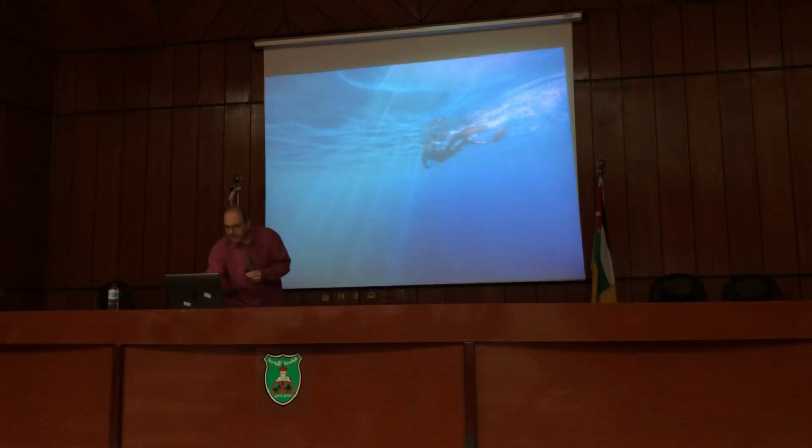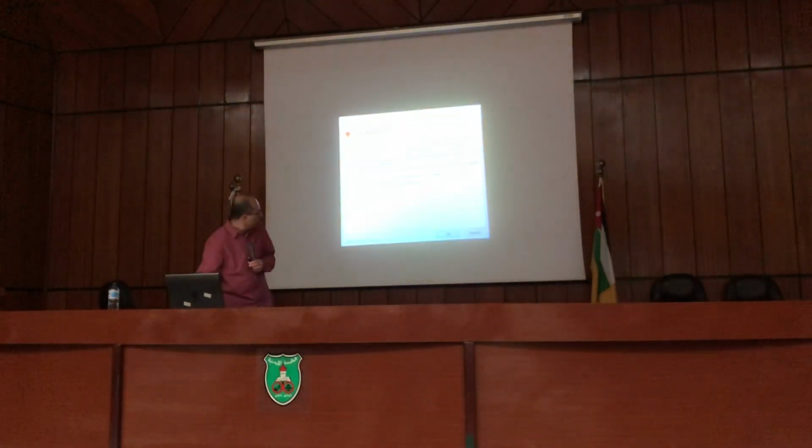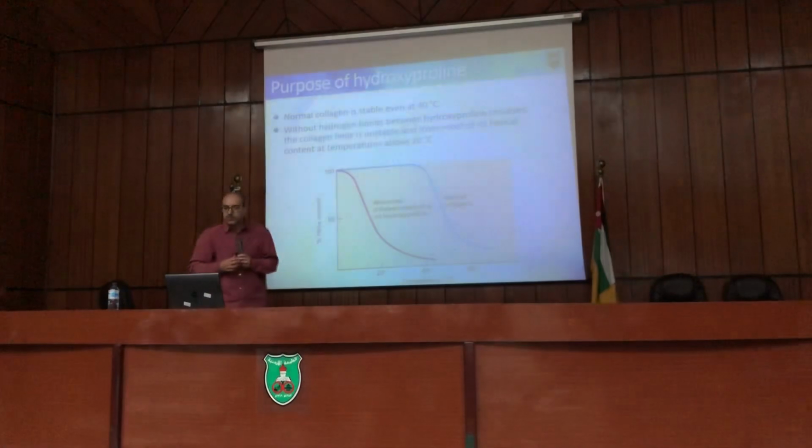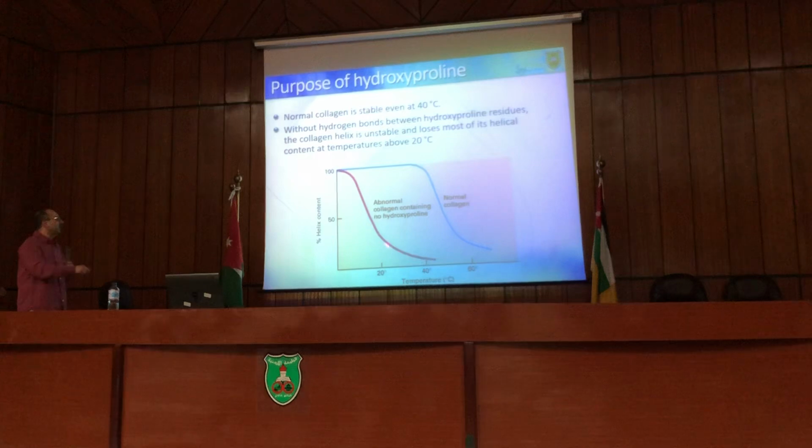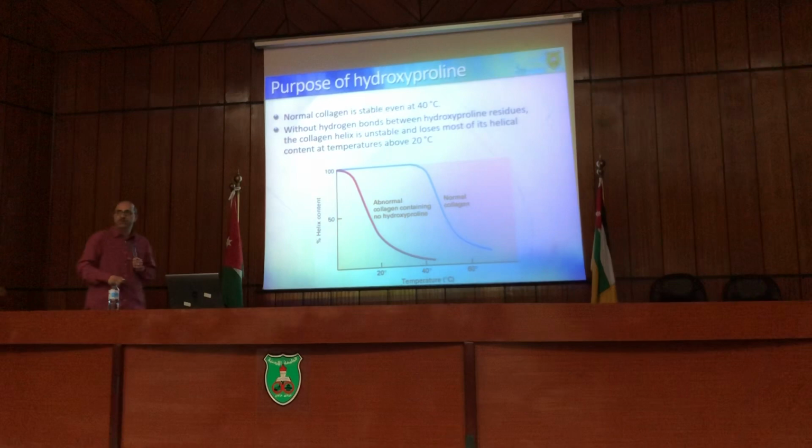We have this plot showing collagen with no hydroxyproline versus normal collagen containing hydroxyproline, where the collagen without the hydroxyproline becomes fragile. It breaks up easily when the temperature increases. Even at normal temperature, this collagen molecule is not really stable. Okay?